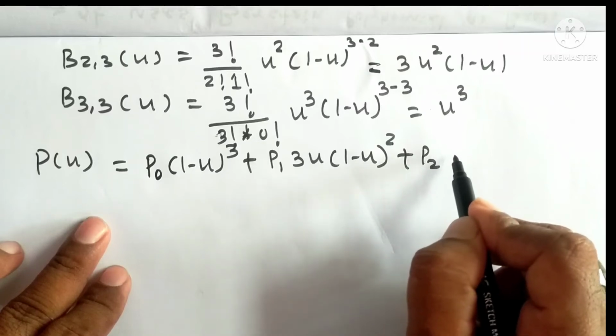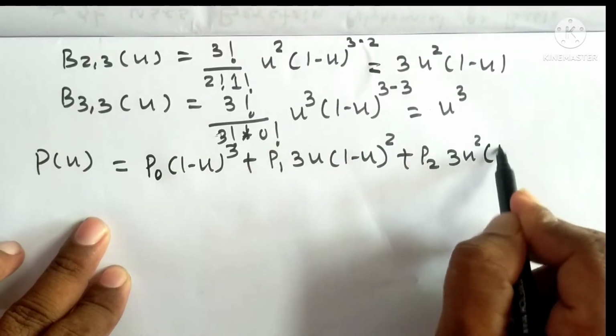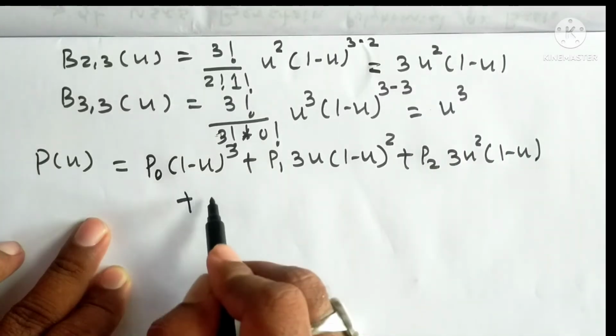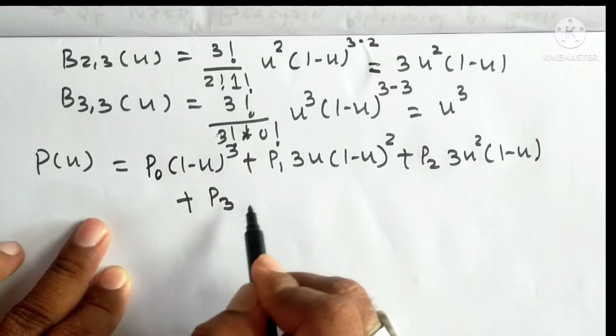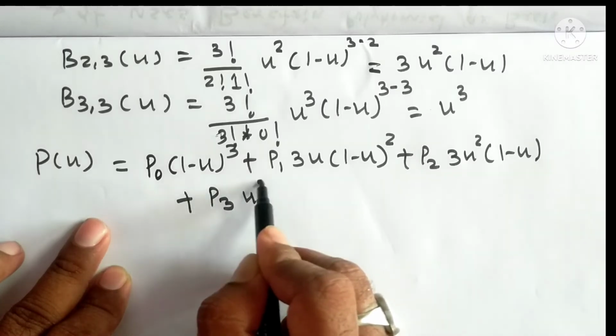So what is the value of B23? Here we got that 3u square into 1 minus u, plus P3 multiplied by B33 of u value, which is u cubed.